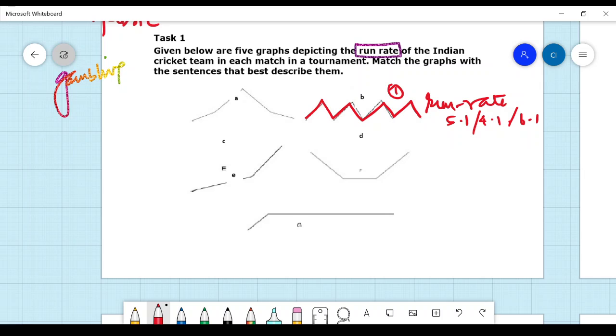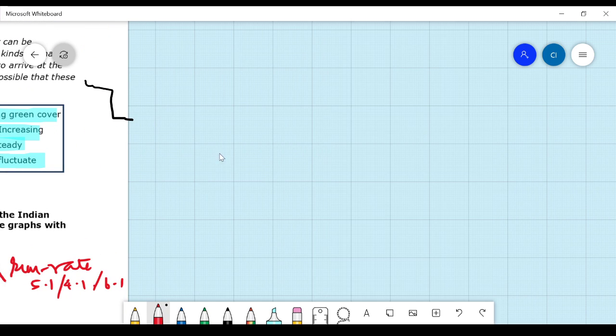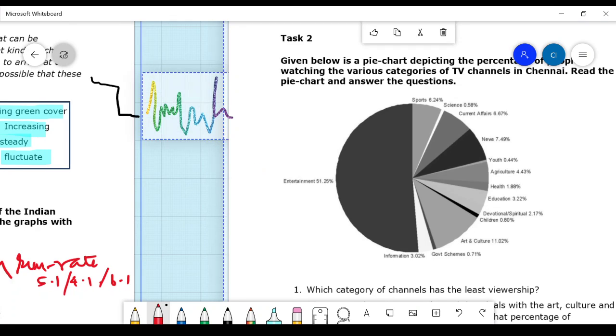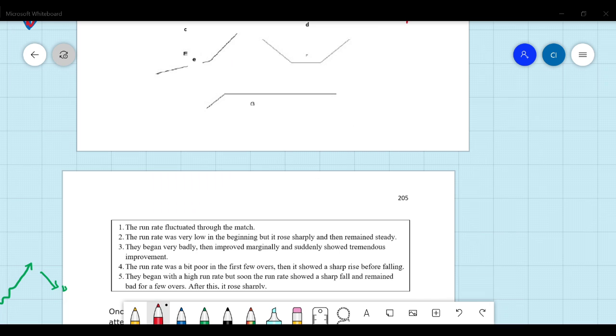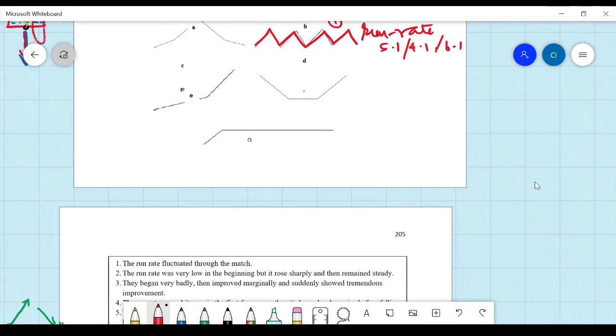That will be equivalent to number 1 in the graph. Here you can see the fluctuation of this run rate is number 1. It belongs to this one.